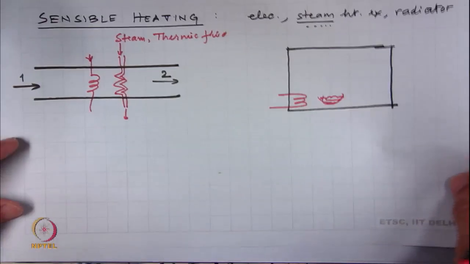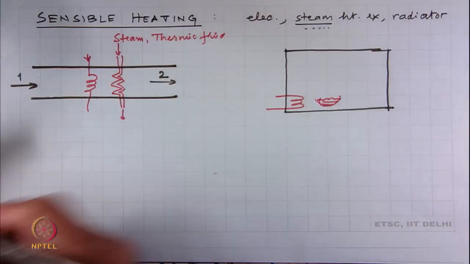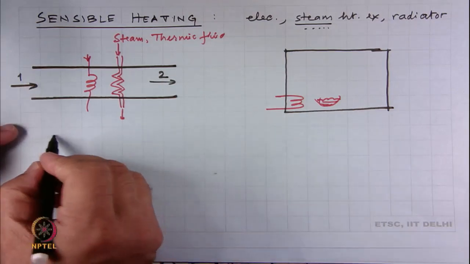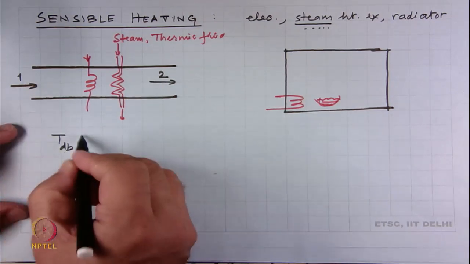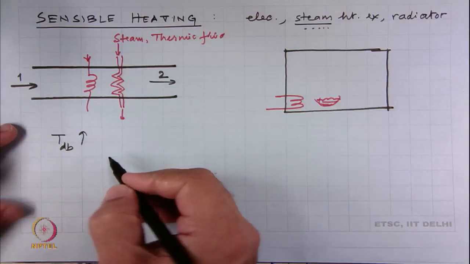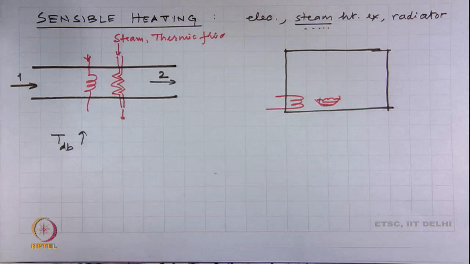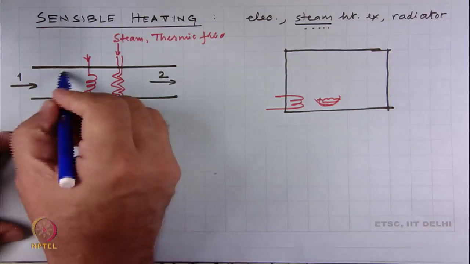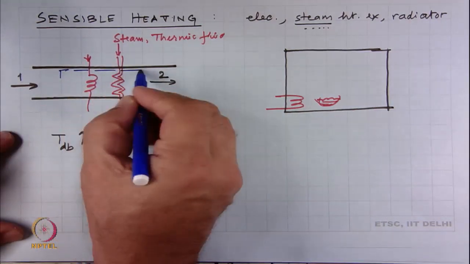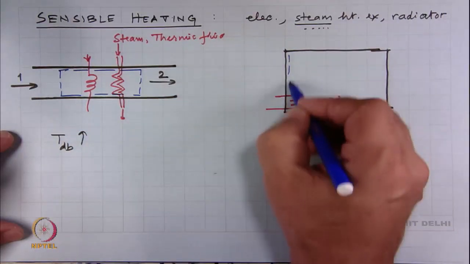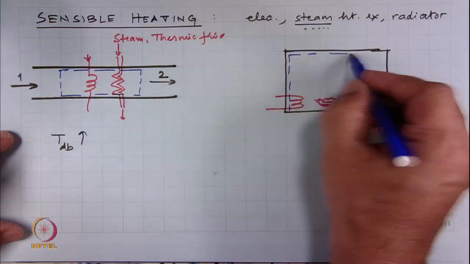So, the hallmark of sensible heating is that the dry bulb temperature increases, and we are neither adding moisture nor removing moisture from this control volume. So, we need to define that. This is, say, the control volume, or in this case our control mass.